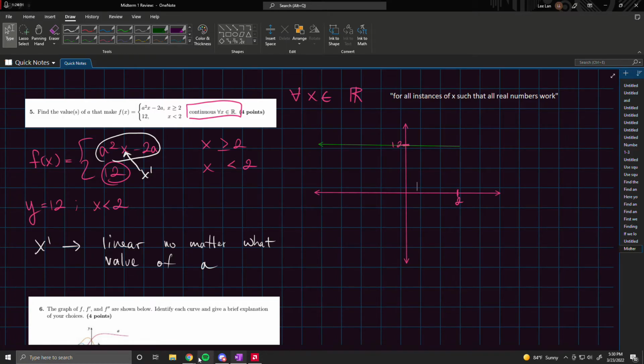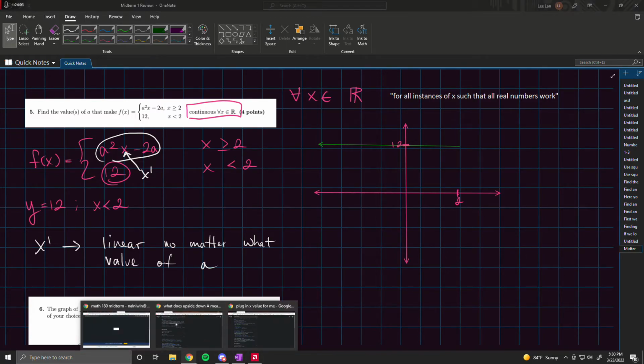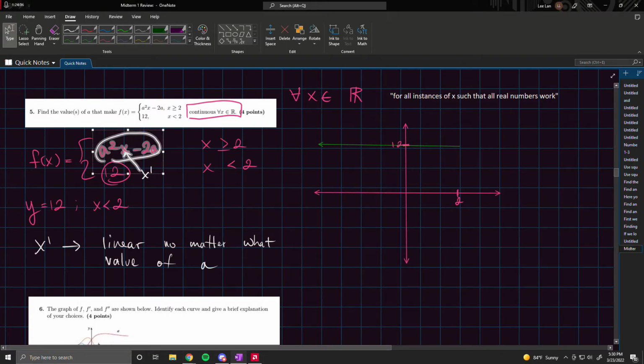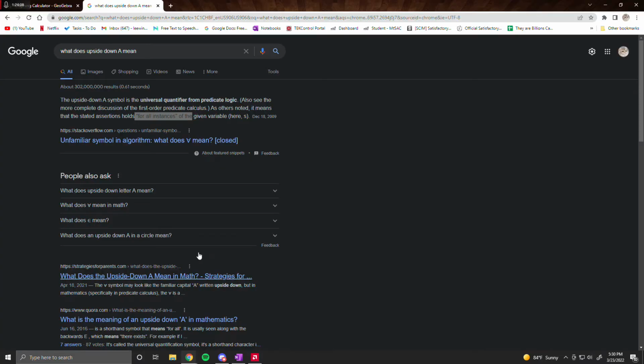Right, so let's look at the mechanics of this guy. This a squared x minus 2a, what does that even look like?